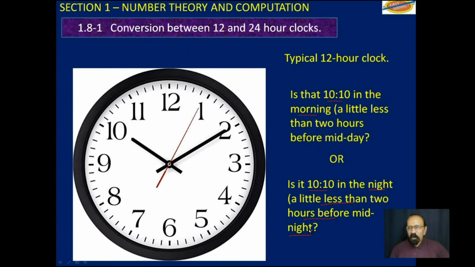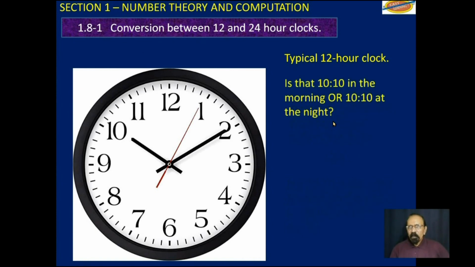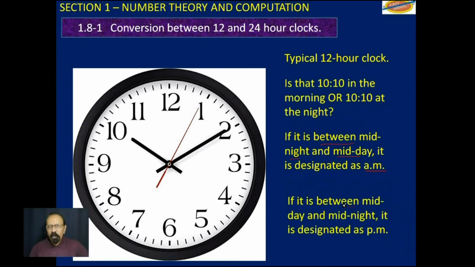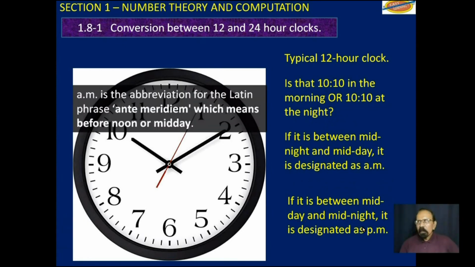Now, you cannot say unless you have further information. For example, if it is between midnight and midday, it is designated as AM. And if it is between midday and midnight, it is designated as PM.